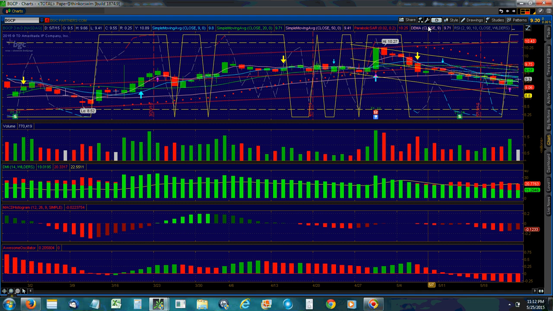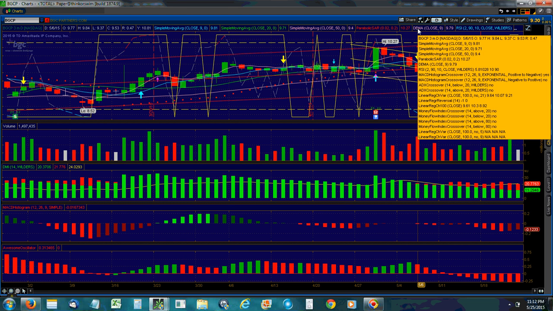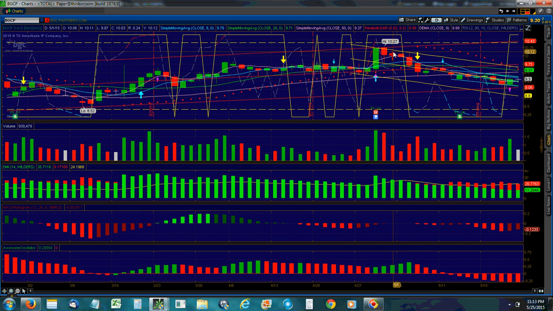I believe that's the 9, 5, and 21-day trend line right there. And this is the channel, the trend line that goes for the entire 3 months.